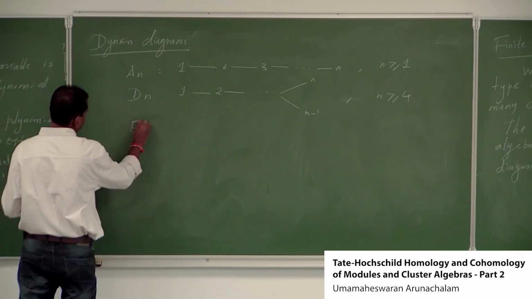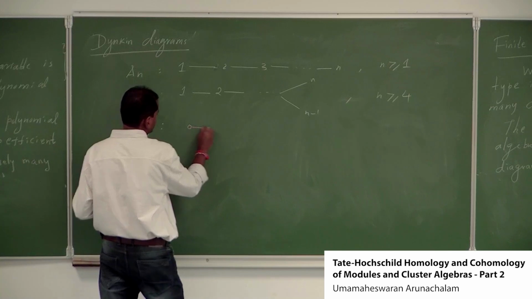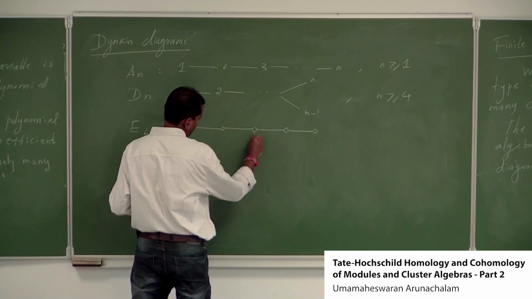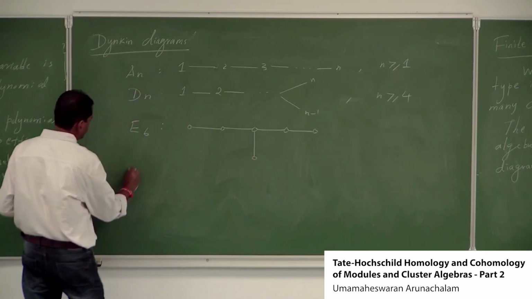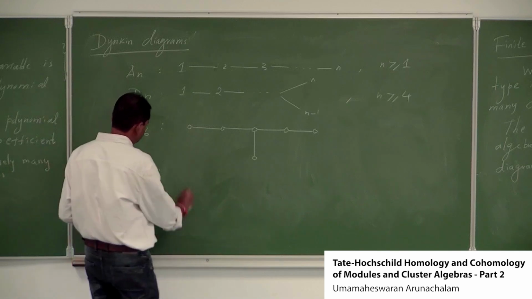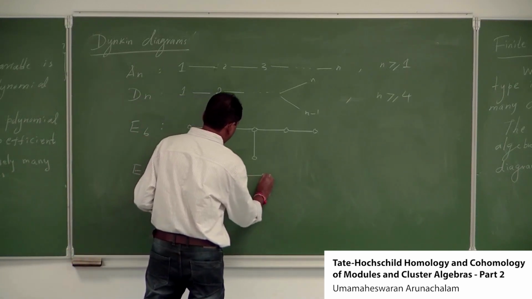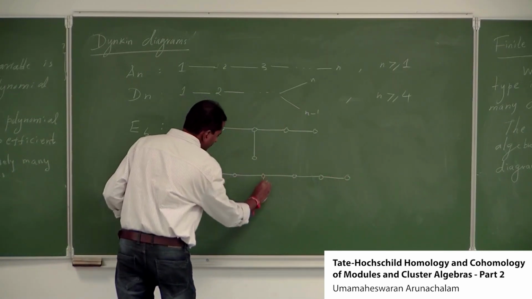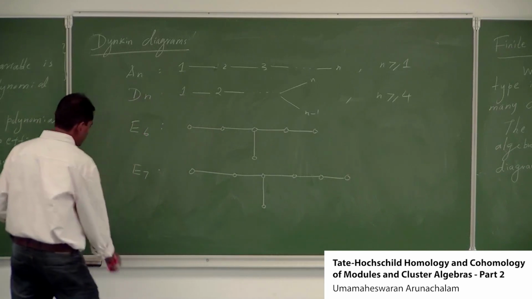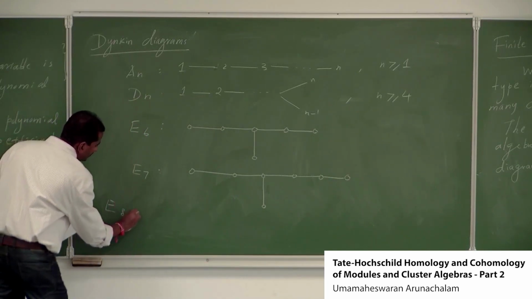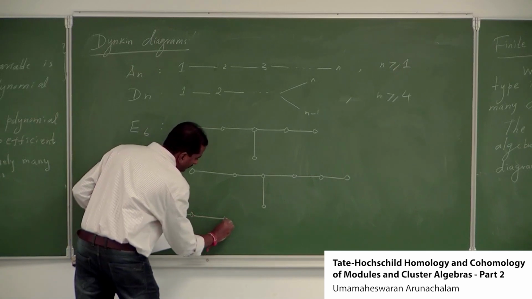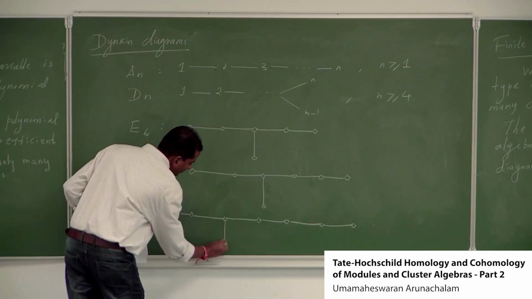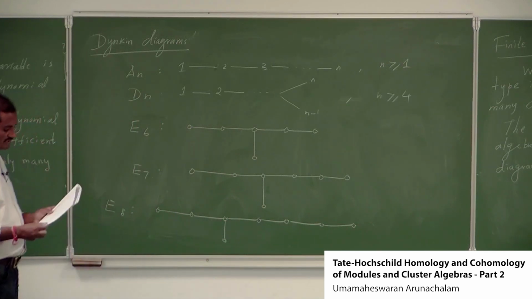Then E6, this is your E6, E7, this is your E7, and E8 also we have to take like that. This is your E8. These are your Dynkin diagrams.